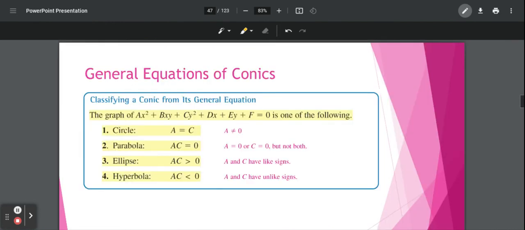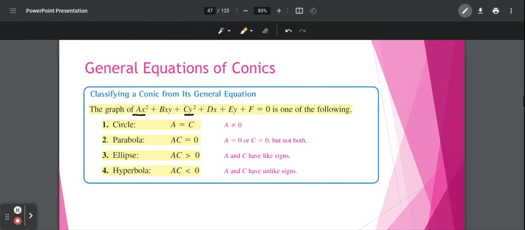And then the last concept here is when you're given the general equation, the ax squared plus bxy plus cy squared plus dx plus ey plus f, all of that information, you can compare the a and the c terms. The a term is the number that's in front of the x squared, and the c term is the number that's in front of the y squared. Again, this is on your formula sheet, so you don't need to memorize it.